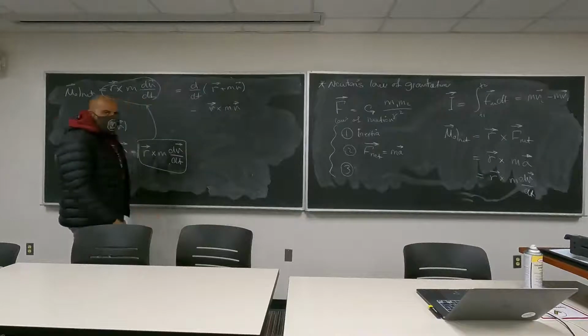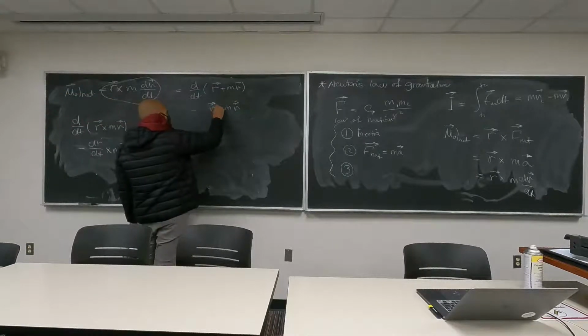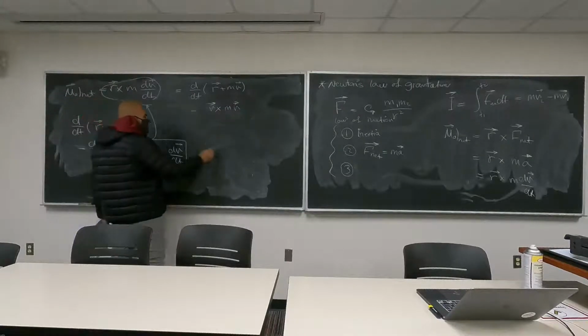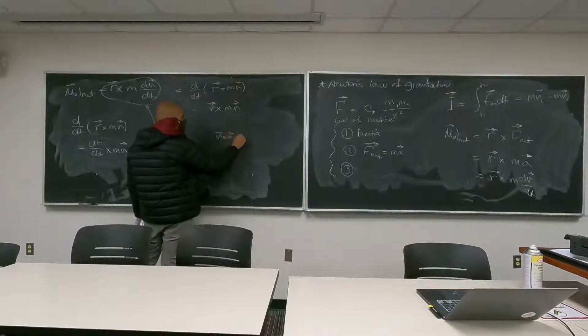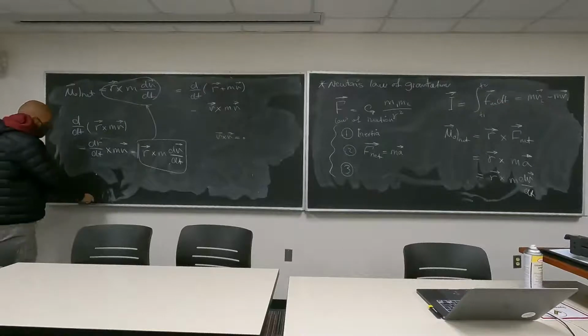We're assuming m is constant, so we can move it around. And if it wasn't constant, it is not a vector. We can move it around, and the cross product of a vector by itself is always 0. So this part will go away.